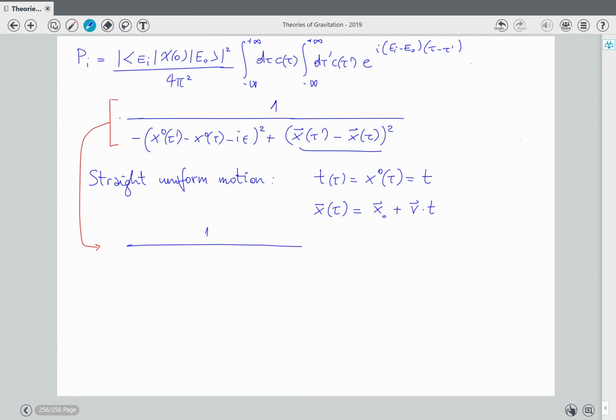This difference, for example, the space part first, x0 goes away, you just get v squared times tau minus tau prime squared.